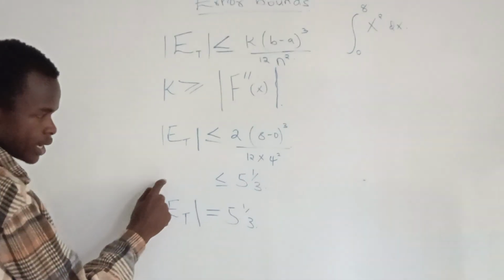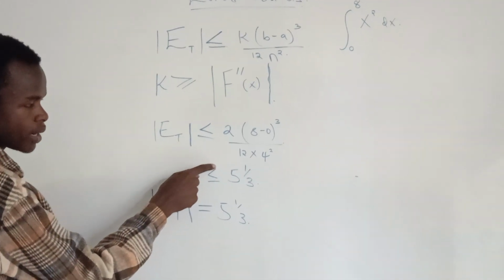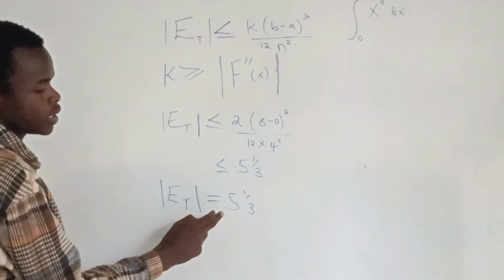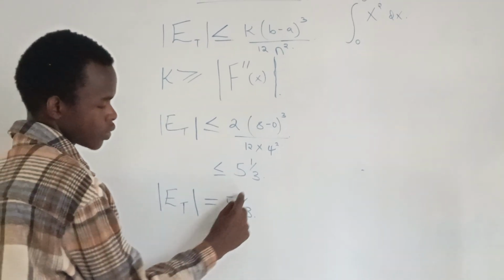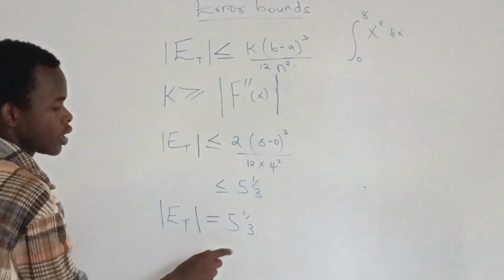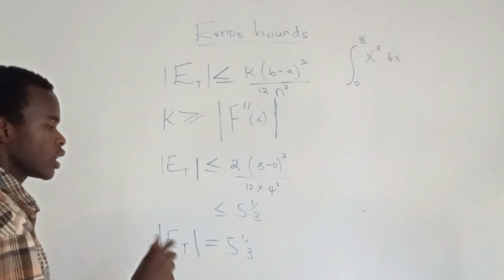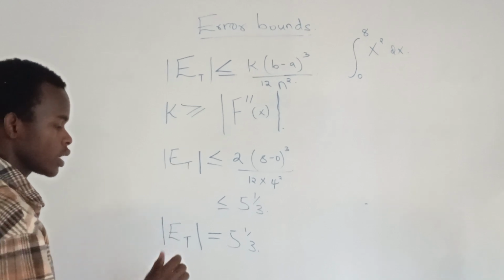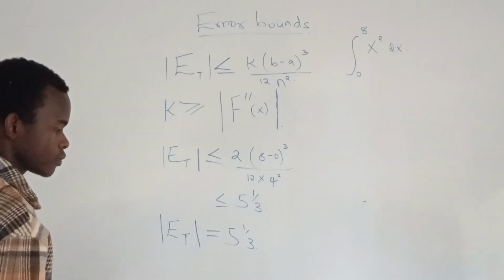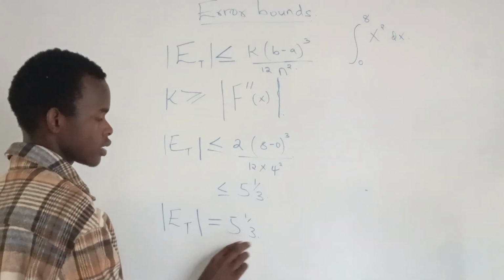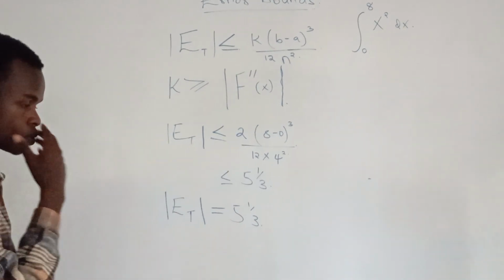So the error is either equal to 5 and 1 over 3 for this curve, or less than that. That's the error that you are allowed to have, so your area must be within the range this error allows.